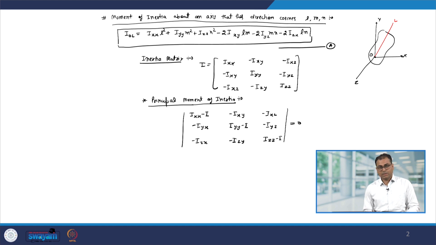Now, this equation will give you 3 solutions for I. Let us call them I1, I2 and I3, and call this equation number B.